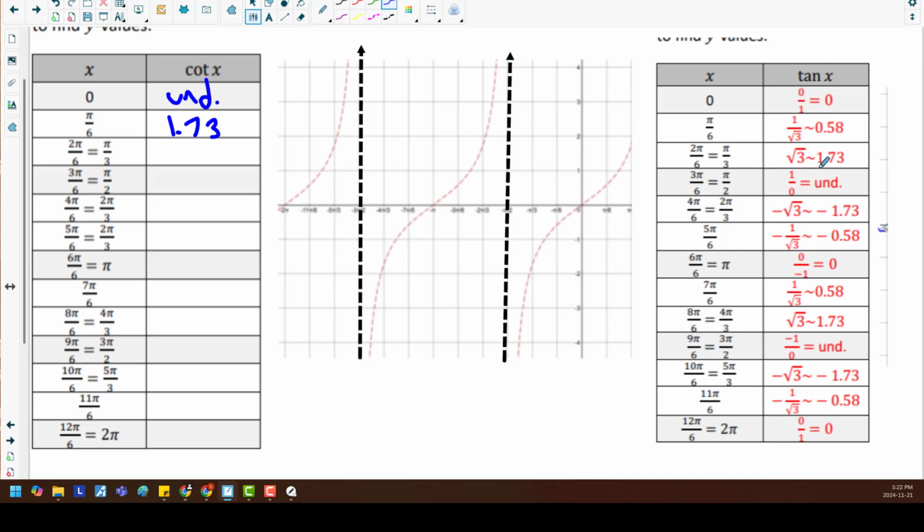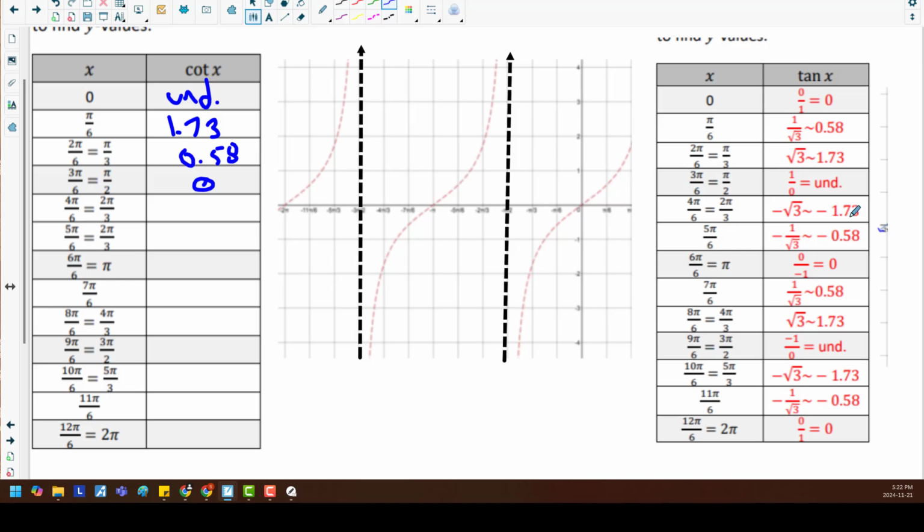Pi over 3 is root 3, so that's just going to be 1 over root 3, or 0.58. Now we have undefined. So wherever the primary is undefined, the reciprocal is going to be a 0 value. I guess there's a yin and yang thing going on where whenever one's undefined, the other's 0, and where one's 0, the other's undefined.